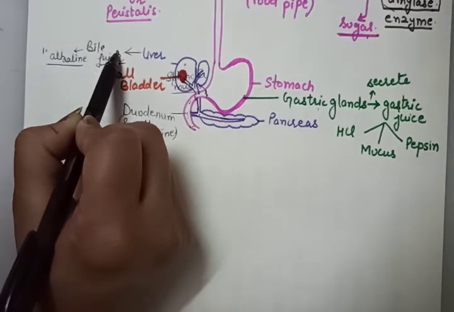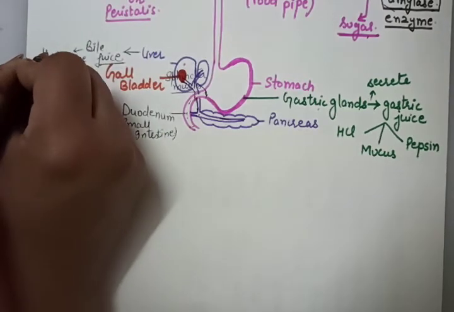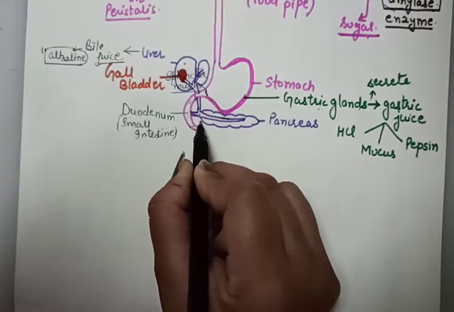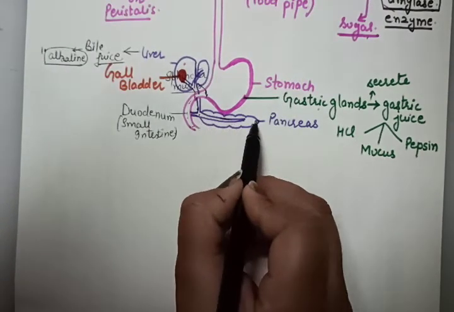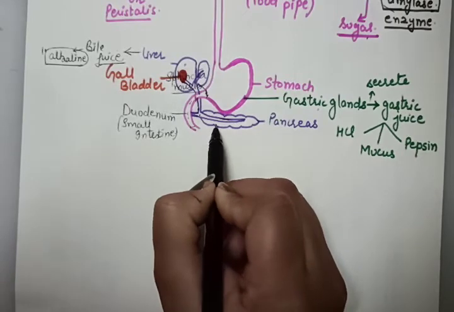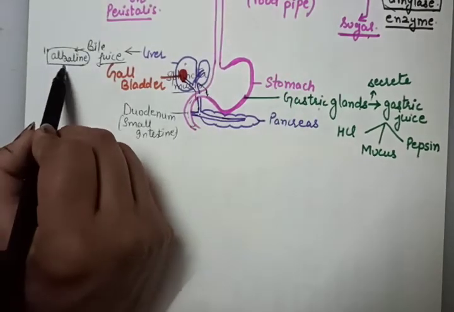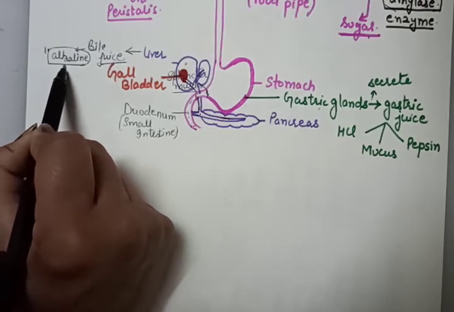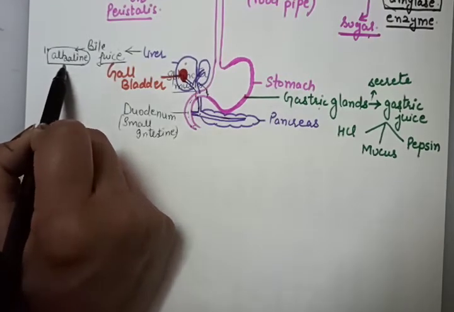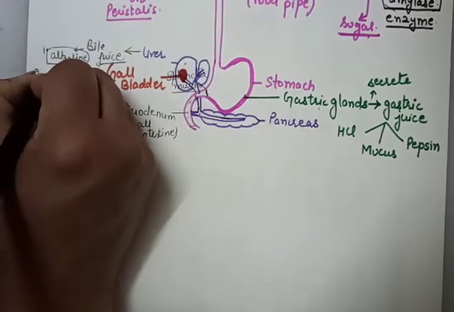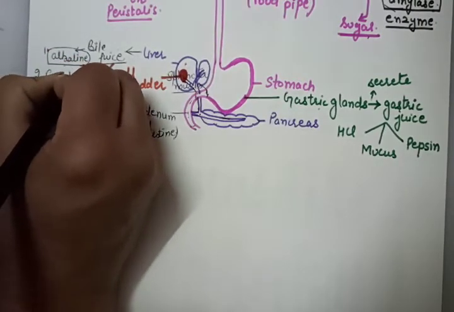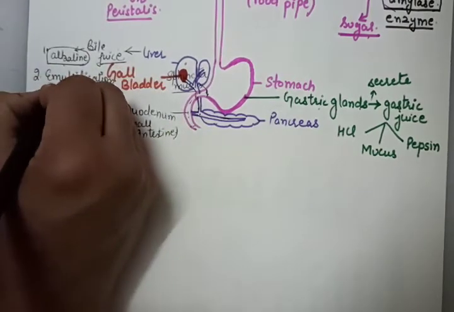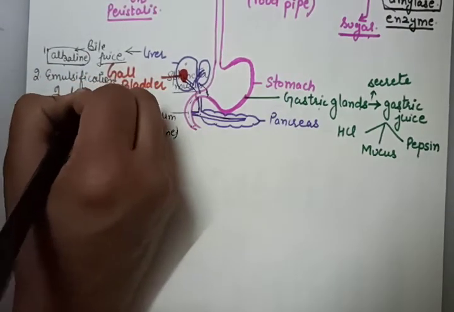Now why is there a need for the alkaline medium? As the enzymes of the pancreas function properly in alkaline medium. That is the main important function of bile juice. And the second one is emulsification of fats.